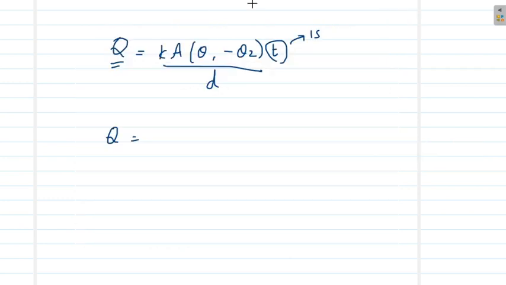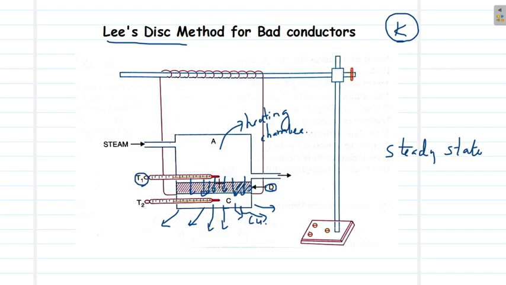So let us write the equation for that. Q will depend on mass into the specific heat of the material into d theta by dt, multiplied by the area exposed. Now let us calculate the area exposed. C is a disc shaped material, so it has three areas. One is the circular area above.